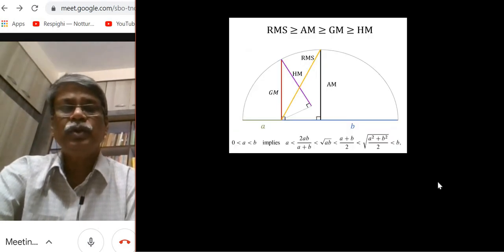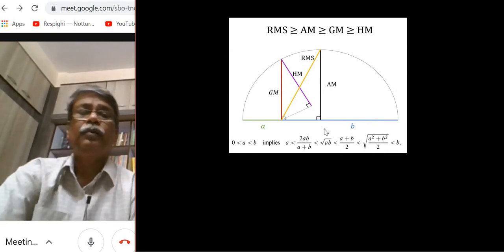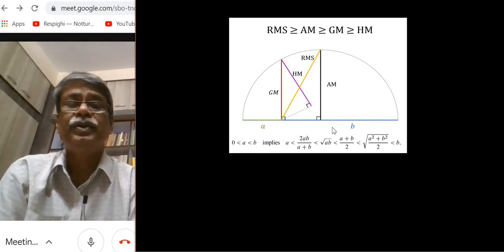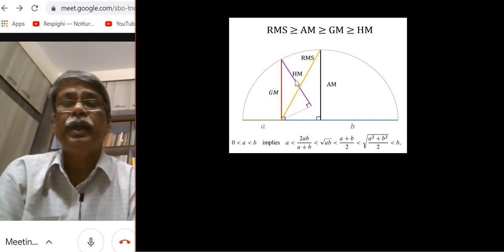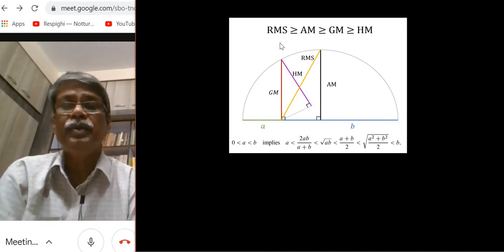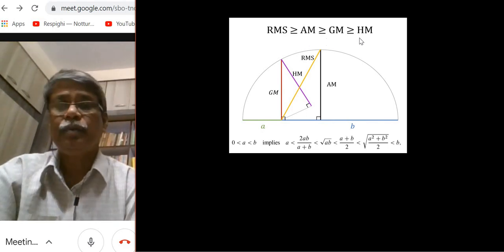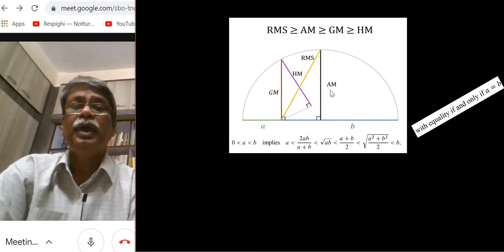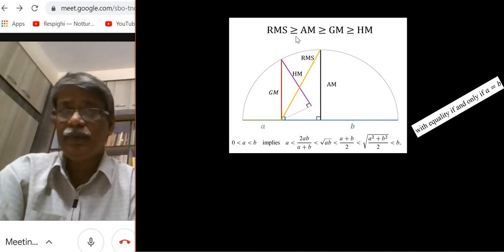So my conclusion is here, and from the same single graph we can say the overall comparison. GM is greater than HM, and already you have the series of the first three means. So overall, RMS is greater than or equal to AM, greater than or equal to GM, greater than or equal to HM, with equality, because if A and B are the same, then they must be equal.